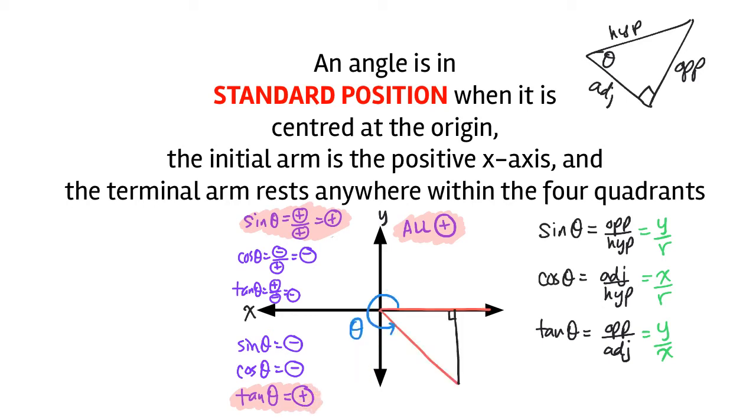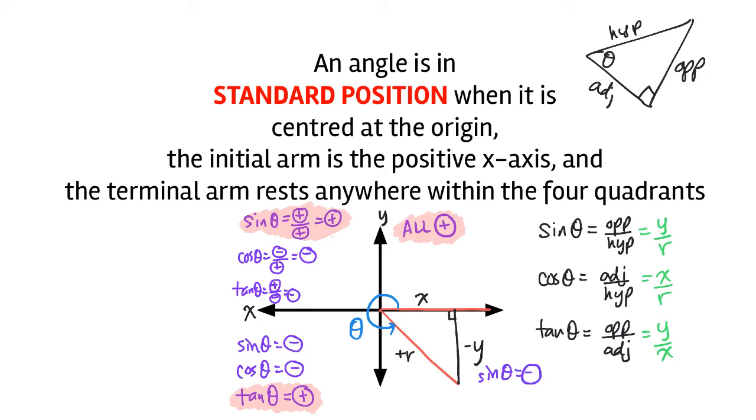Now for an angle that's in the fourth quadrant, we know that we are on the positive x-axis side over here. We are on the negative y-axis side down here, and the radius is always positive. So here we know that sine is going to be negative because sine involves the y and the r. So a negative over a positive is going to be an overall negative value. So sine is negative down here.